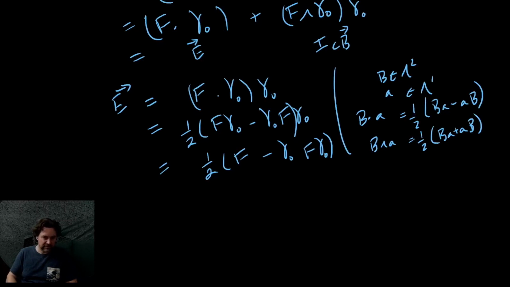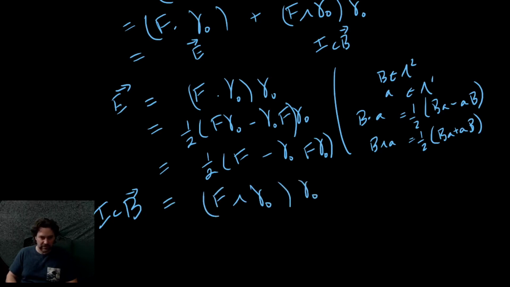Similarly, if we take our magnetic field, and really, if we take ICB, then that is going to be F wedged gamma naught all times gamma naught, which is 1/2 of F gamma naught plus gamma naught F, all times gamma naught.